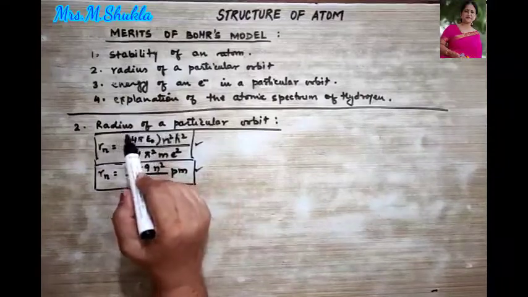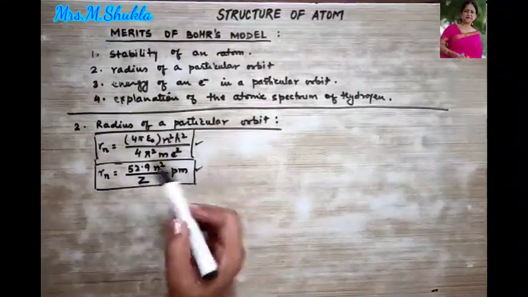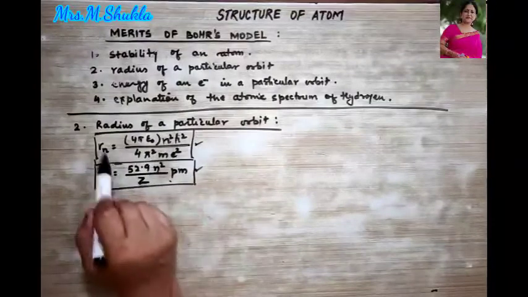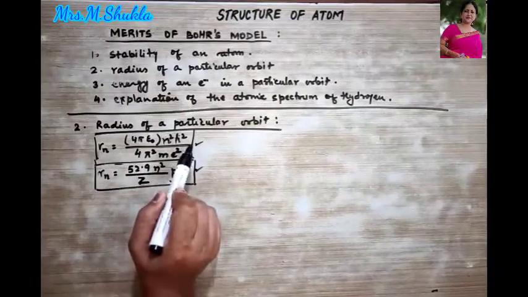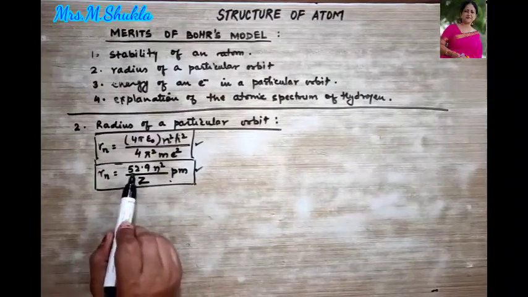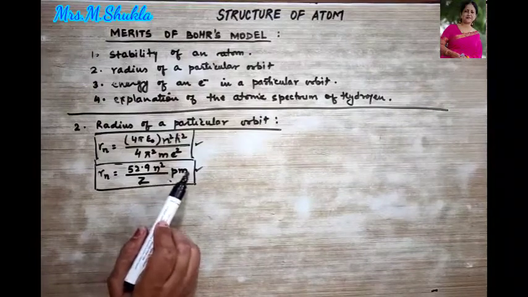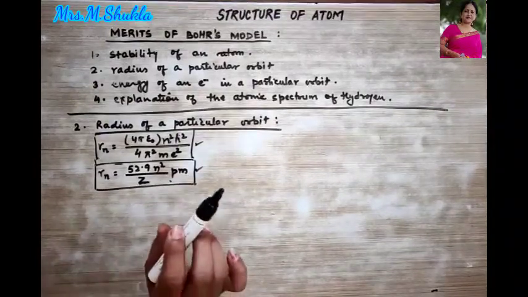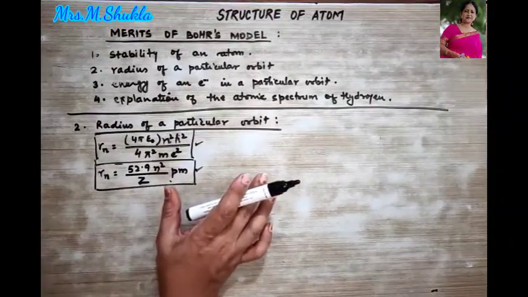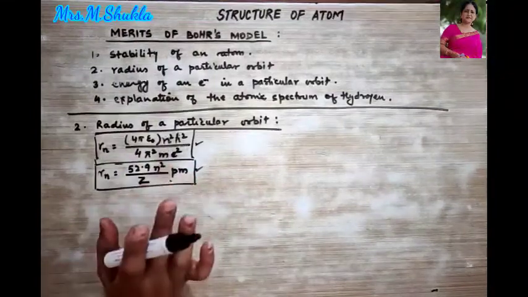You will be wondering, miss, how did we calculate this radius? So this is the explanation that I am going to give you about how to get this formula, and from this formula how we got this value, and how to calculate the radius of any particular orbit. I hope this is very clear to you. So let us move ahead to understand this formula.